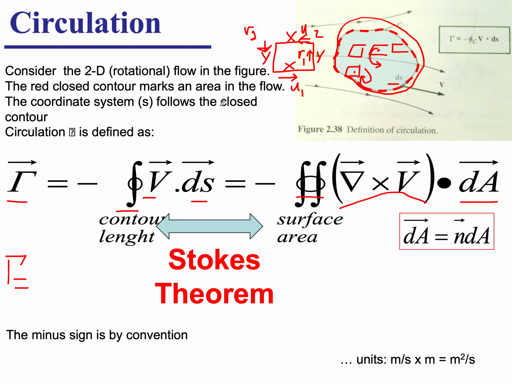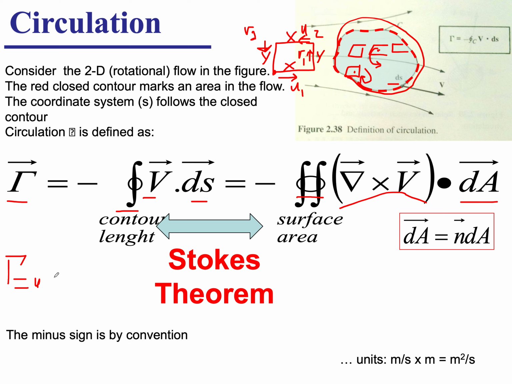We can compute the circulation around this rectangular contour to be the integral of V dot ds. We start from one point, continue through the whole contour, and go back to that same point. So I'm going to get u1 times x. It's the dot product, and because those two are in the same direction, the dot product gives me a cosine of 0, so that's 1.